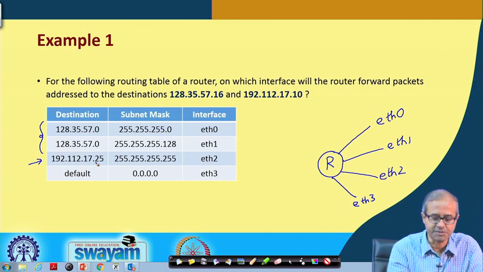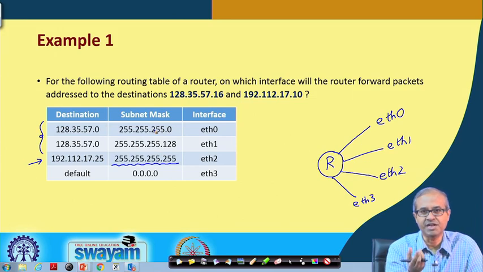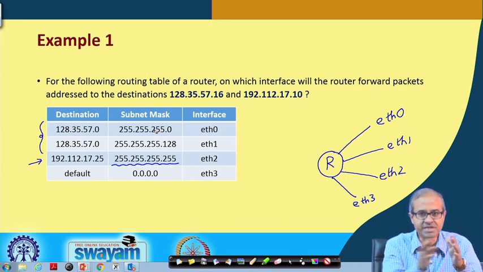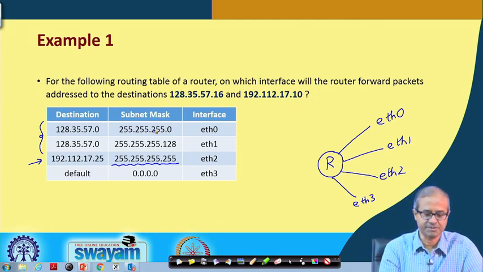Because it is host-specific, I am using all bits to check. The subnet mask is all ones, but for the others the subnet mask will tell you how many bits in the address I have to check for the network address, and the last bits will be for the host address.